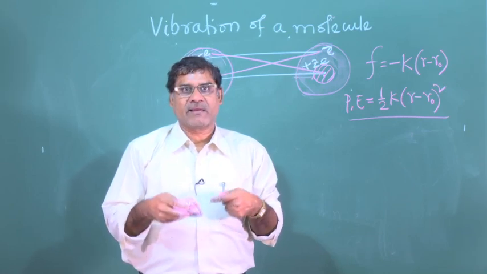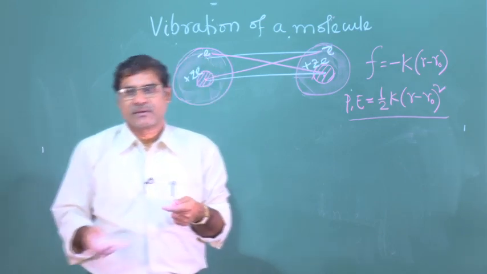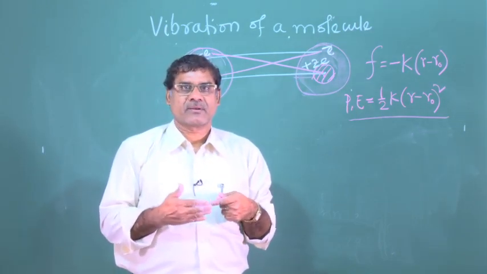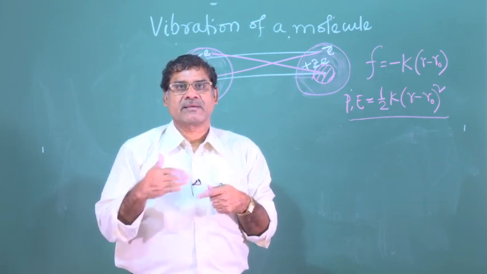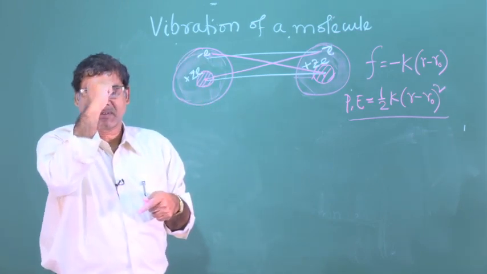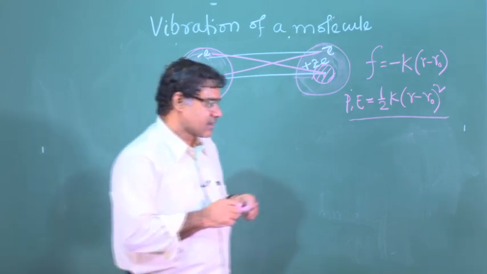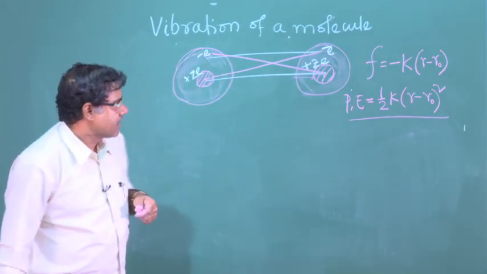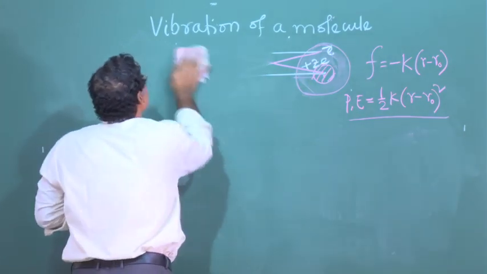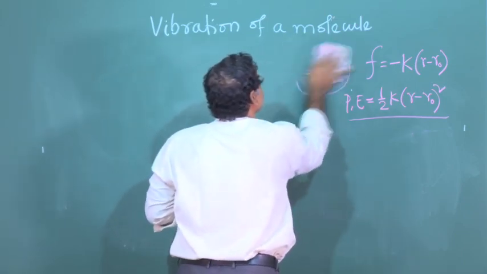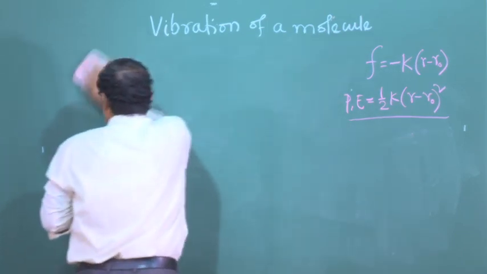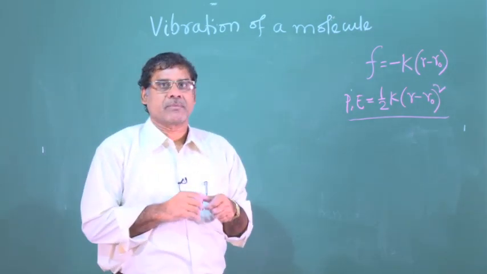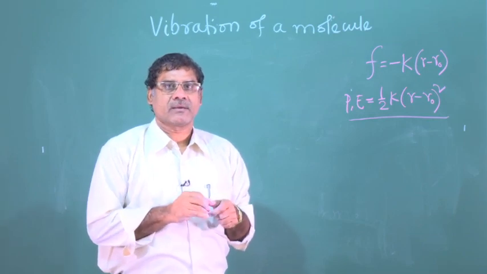That means the energy levels with which this molecule can vibrate, whether it can vibrate with any energy or the energy is discrete, quantized. That is what we would like to find out, and it is similar to the rotation case. We have to use the Schrodinger equation, solve the problem and find the solution.